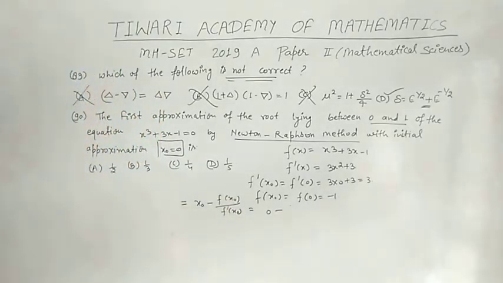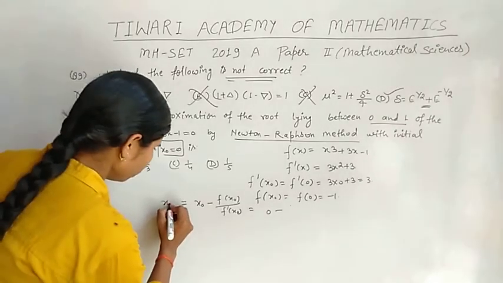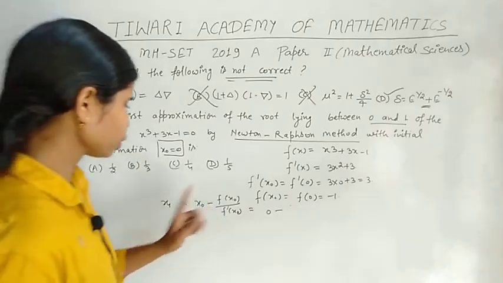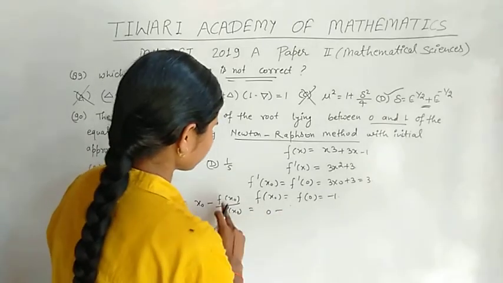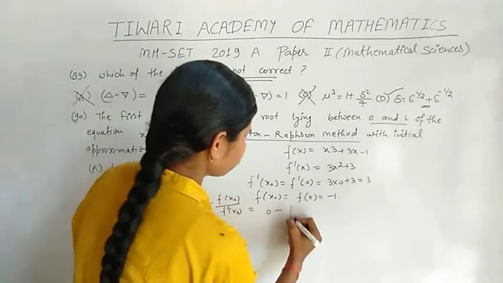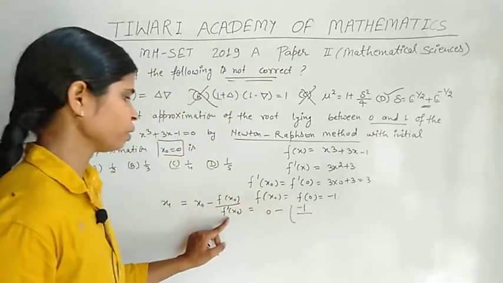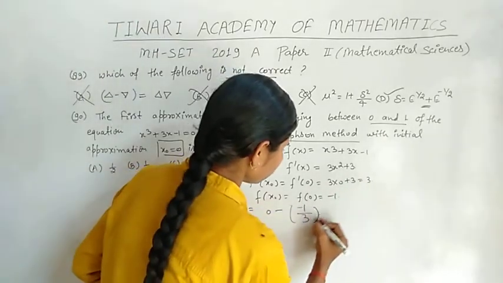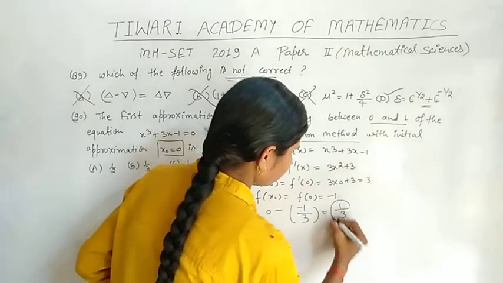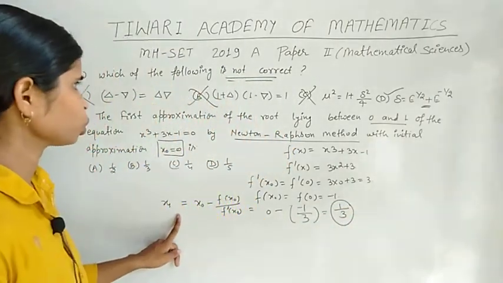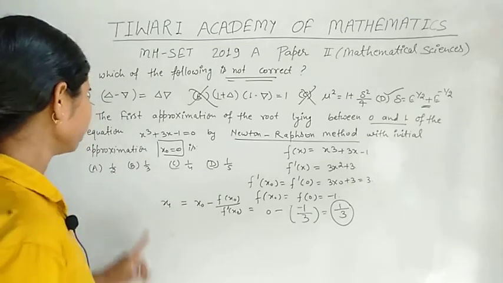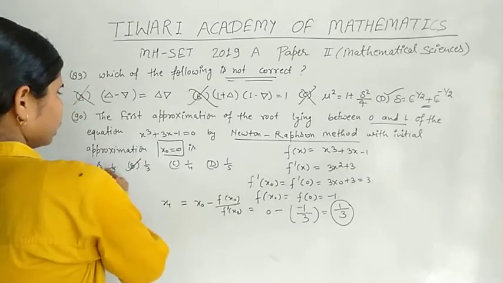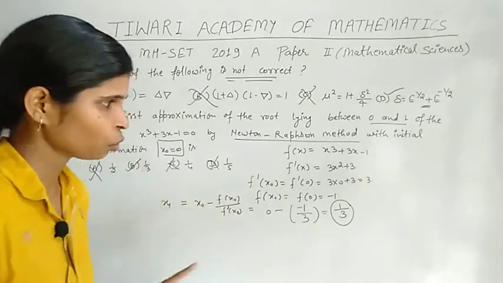The value of x naught is 0, minus the value of f(x naught), which is minus 1, divided by the derivative at the point x naught, whose value is 3. So solving this, we find the first approximation of the root is 1 by 3. So option B is a true option, and options A, C and D are wrong options.